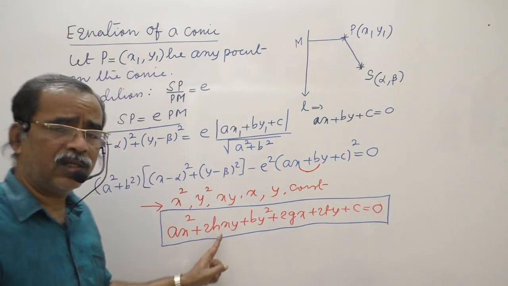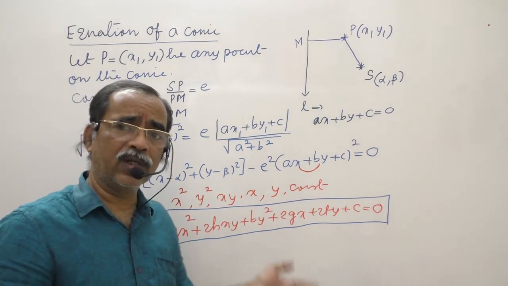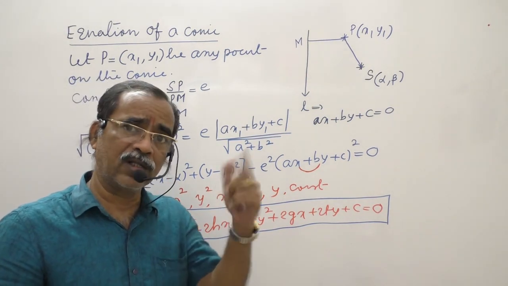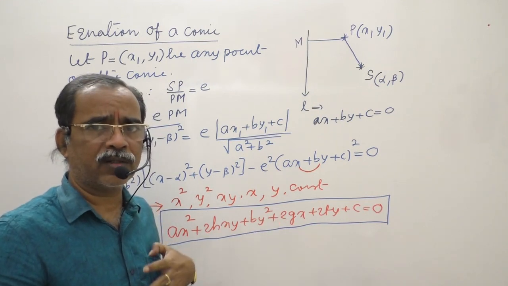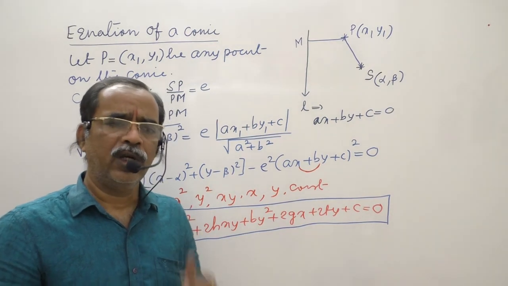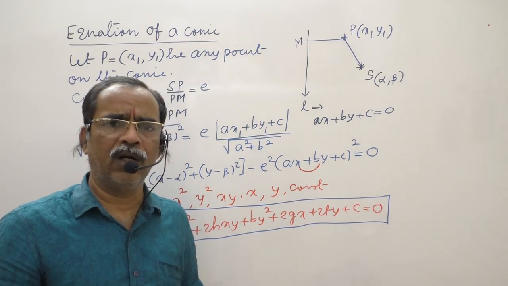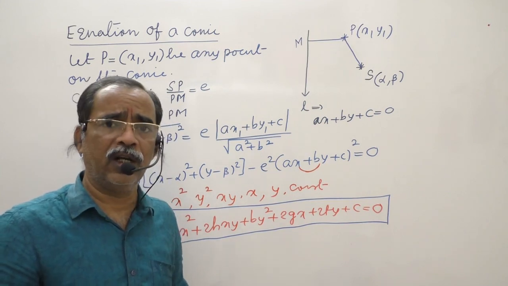We have already seen this equation. It also represents a pair of lines for some conditions. We have seen that in pair of lines. So this second degree general equation also represents a pair of lines, and for some conditions it also represents a circle.